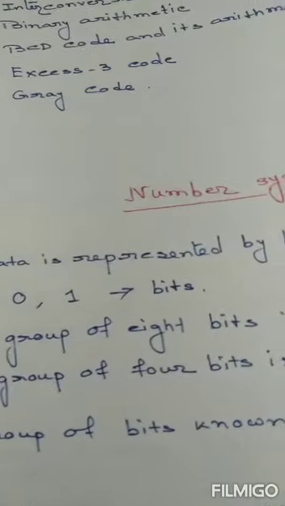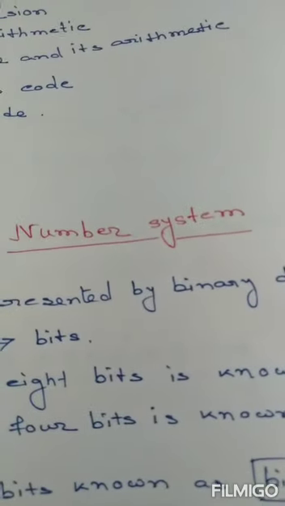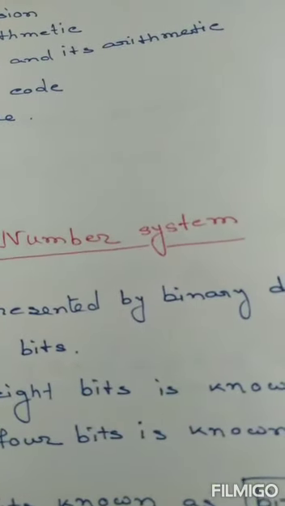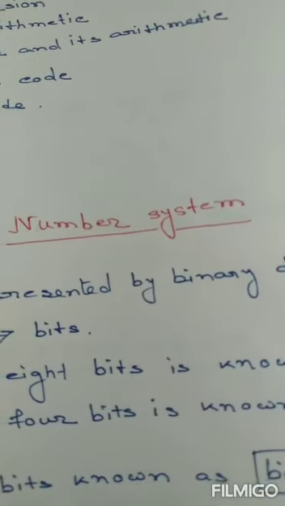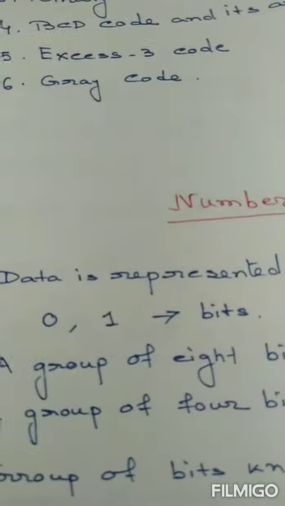Normally, in a digital system, data is represented by the binary digits 0 and 1, which are known as a bit.